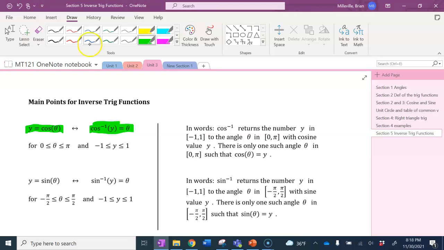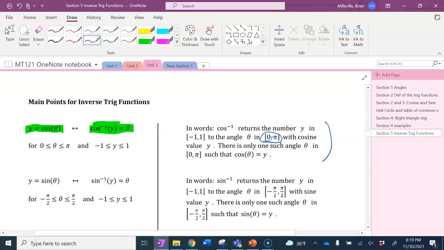It's also nice to look at what this means in words over here on this side. In words, the function inverse cosine returns the number between -1 and 1 to the angle in the interval from 0 to pi. We have to pay a little bit of attention to that part. Why?